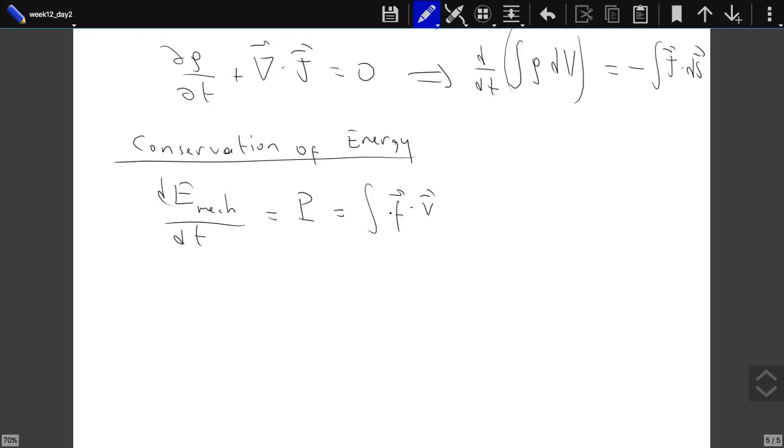Well, f is the force density, the force per unit volume of our system of charges, of particles. Well, we integrate over our volume. So this is the power. In general, for a point object, if there is a force acting on it, the power of that force is F dot v.